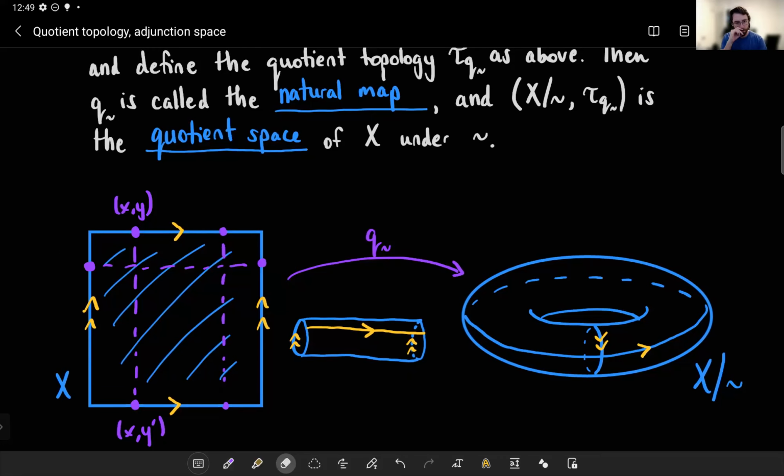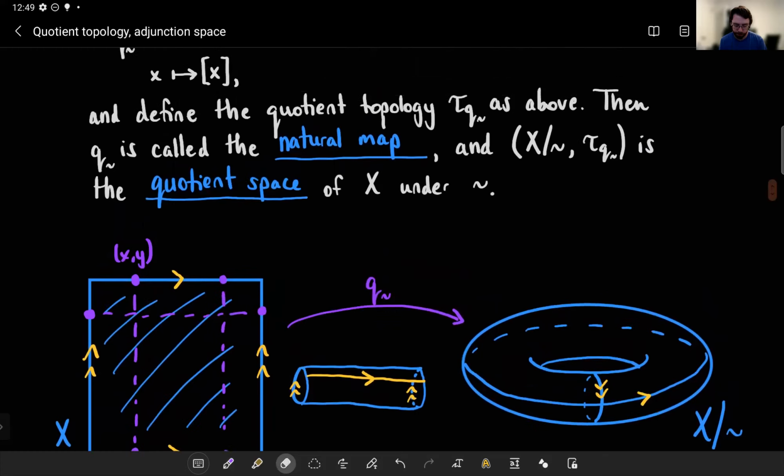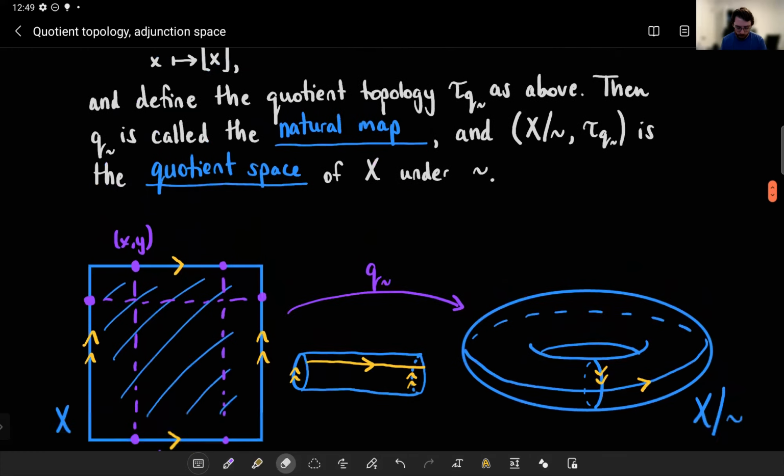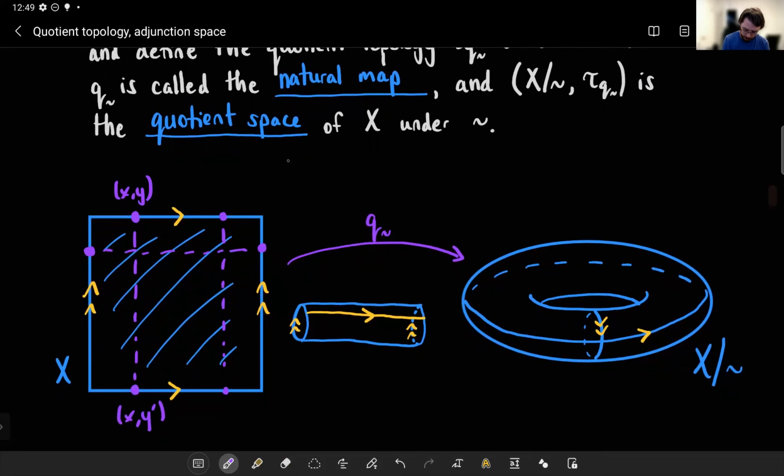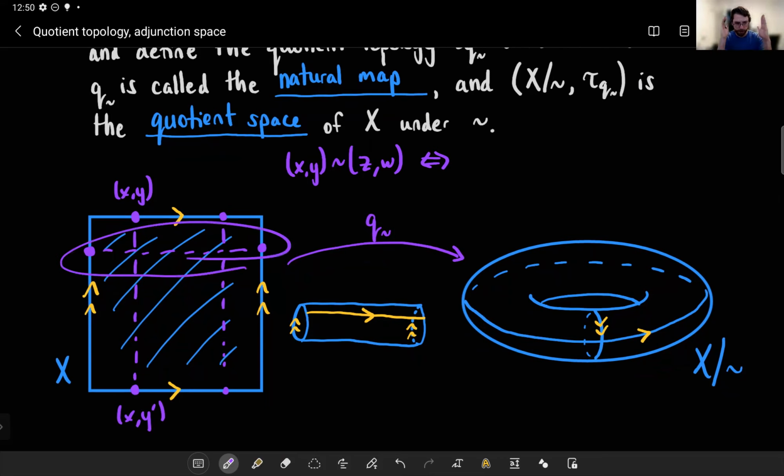You can write down a map, or write down an equivalence relation that says the point x, y is equivalent to the point, maybe I'll use z, w, if and only if they have the same x coordinate and their y coordinates are on opposite borders, or they have the same y coordinate and their x coordinates are on opposite borders.